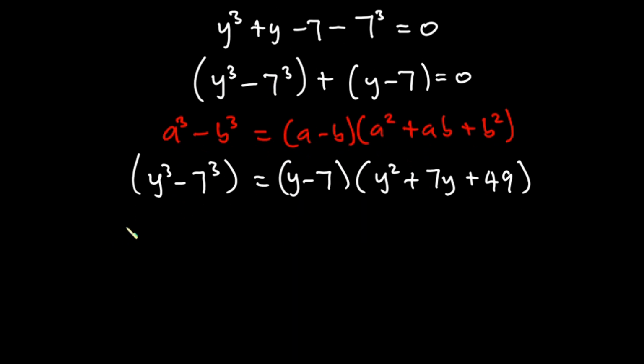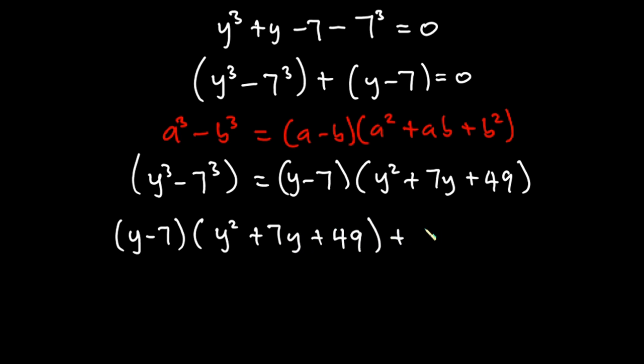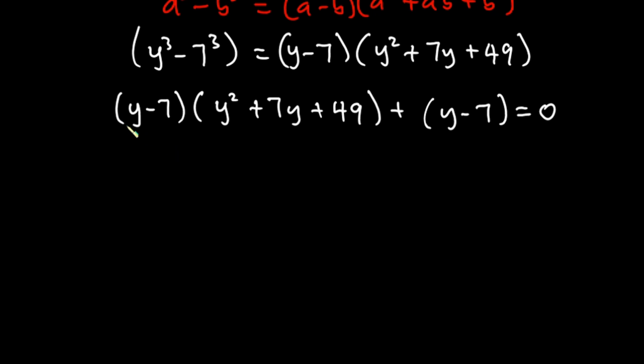So the equation now becomes y minus 7 times y squared plus 7y plus 49, then plus y minus 7, and this is equal to 0. And from here we can see we have y minus 7 here. So we can factor it. We have y minus 7 times, from this whole thing, we are left with y to the second power plus 7y plus 49.